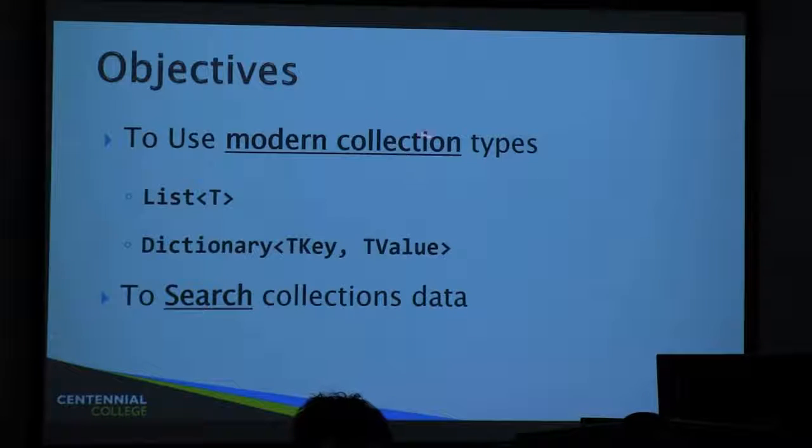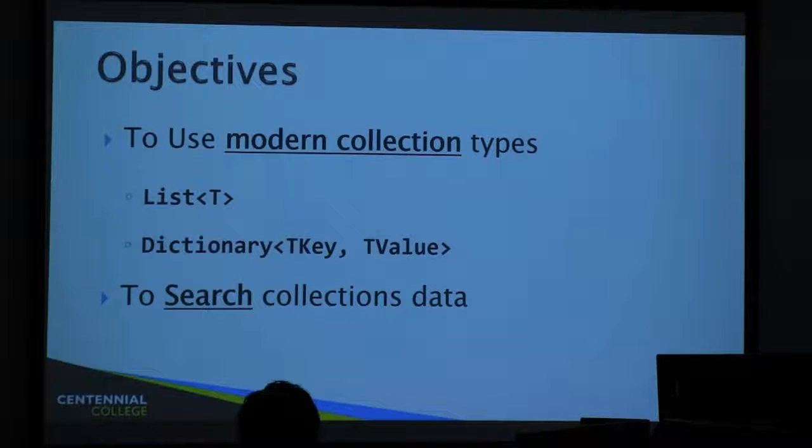So again, the objective of today is getting to know how to use modern collections. Array is not modern. Array is old-fashioned. We're going to be talking about that in a second. But again, it's very basic, it's very primitive. So out there in the market, people don't deal too much with arrays unless, and I'll not spoil the surprise.